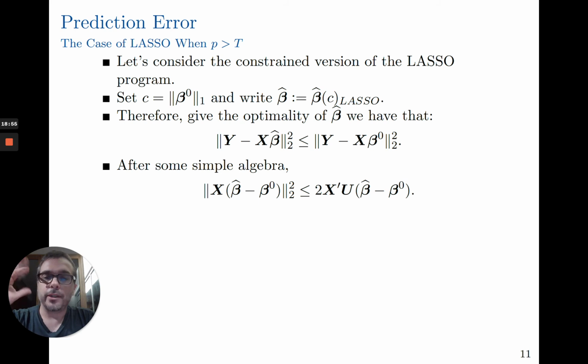After some algebra, which I do step by step in the extra slides for theory if you are interested, we can show with simple algebra that the squared L2 norm of the prediction error is less than or equal to the estimation error times this random term here, X prime u.